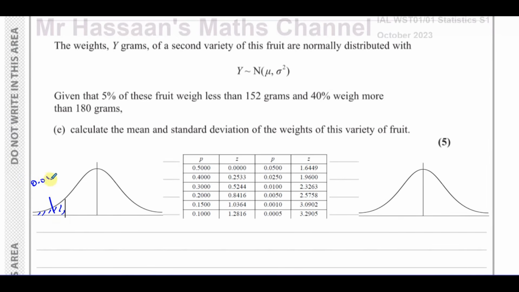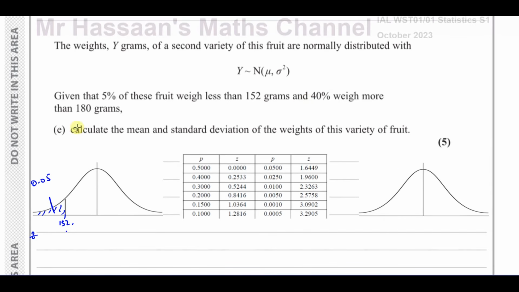That's 0.05. And this is 152 grams. So what we need to find now is the z value for this. And we're also told in the other situation that 40% weigh more than 180 grams. So 40% is less than a half, but it says more than 180 grams.